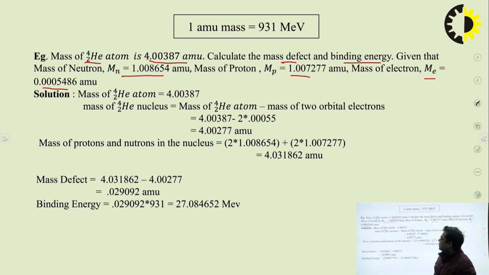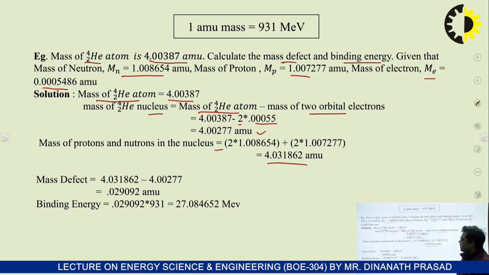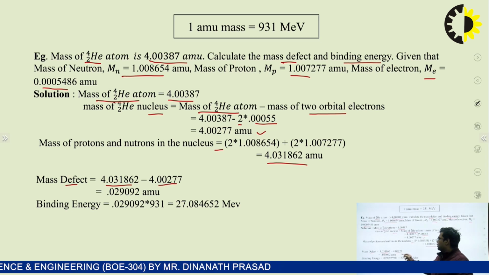In this problem, the given mass of helium is 4.00837. The mass of the helium nucleus we can calculate as the mass of the helium atom minus the mass of 2 orbital electrons, that is 2 times the mass of an electron. Then the mass of the protons and neutrons of the nucleus we can calculate by the simple formula, and then we can calculate the mass defect, that is 4.031 minus 4.0027.